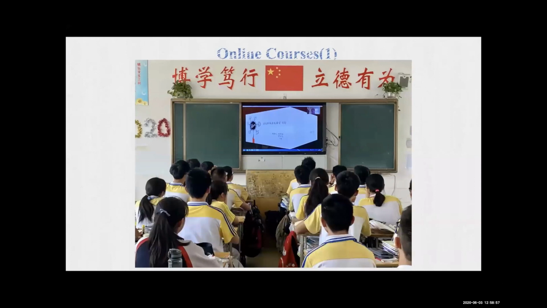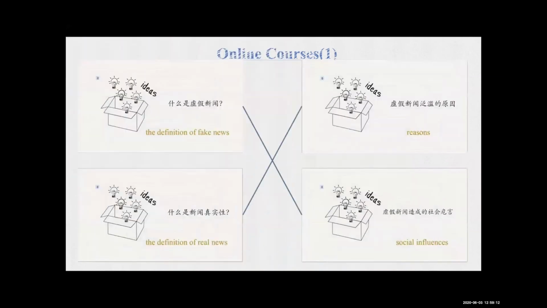Before the course, we present our recordings to our collaborator and convey the main information of our online courses. The first course aims to explain the basic knowledge of fake news, including the definition of fake news and real news, the reasons for spreading fake news, and the social influence of fake news. Our collaborator explains some definitions to the students and answers questions from the students.